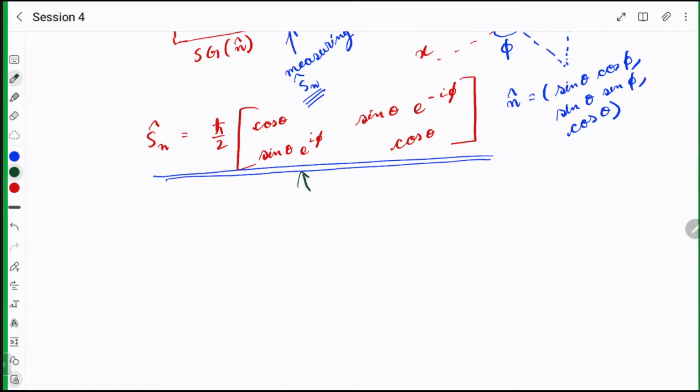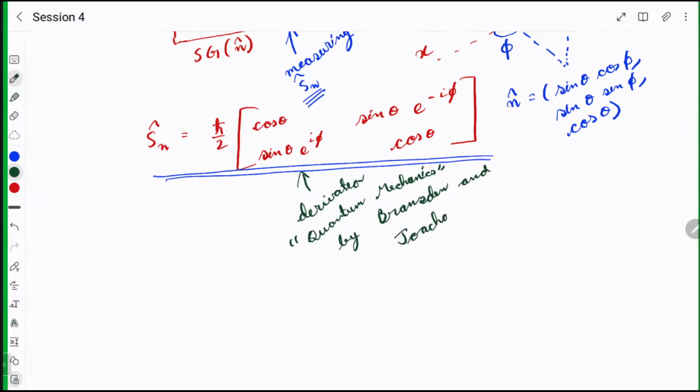If you want to know how this is derived, you can look at the book Quantum Mechanics by Bransden and Joachain, in the chapter on angular momentum. But for the time being, let's assume that we already know this. We know that Sn comes in this form.